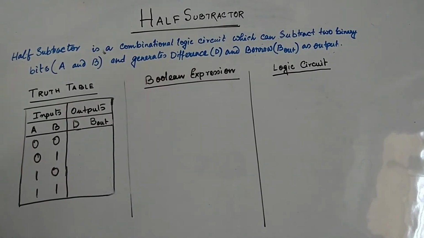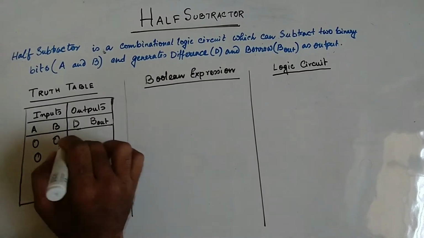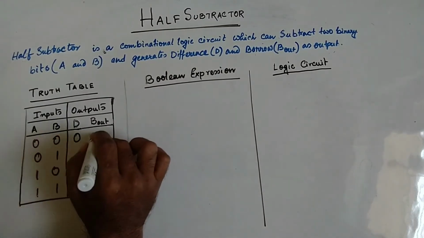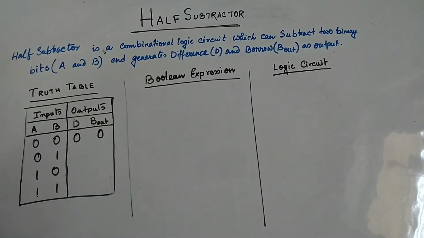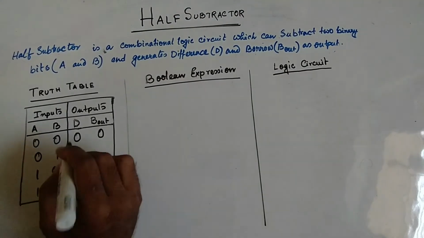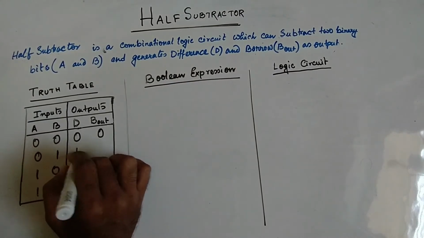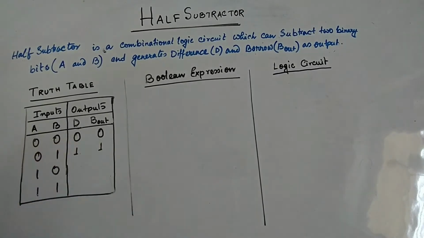It just follows the simple rule of binary subtraction. So when we are subtracting 0 with 0, the difference will be 0 and the borrow out will also be 0. When we are subtracting 0 with 1, according to the binary subtraction rule, the difference will be equal to 1 and the borrow out will be equal to 1.